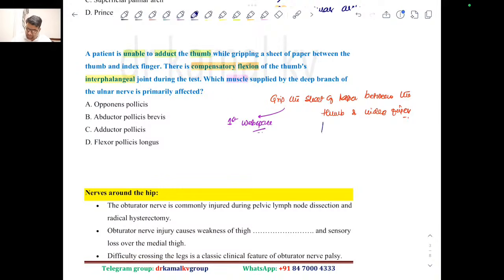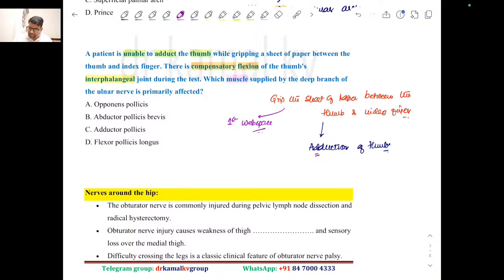Now what is being told, that we are checking adduction of thumb, right? So we are checking adduction of thumb. Now, how it is checked? We tell the patient to adduct the thumb close to the index finger, and if the adduction is proper, it is very difficult to remove that sheet of paper. So if adduction is okay, it is very difficult to remove the sheet of paper.